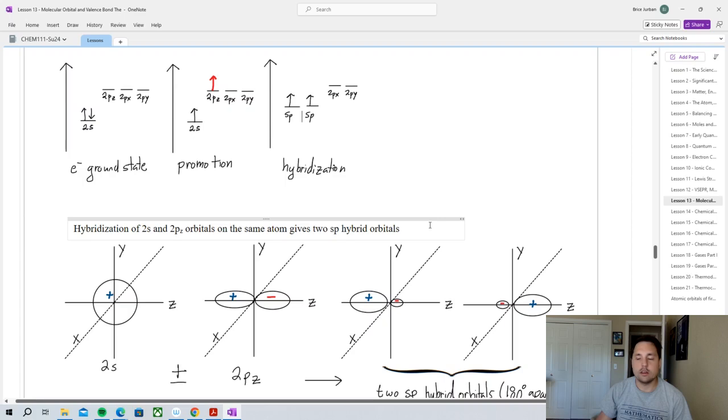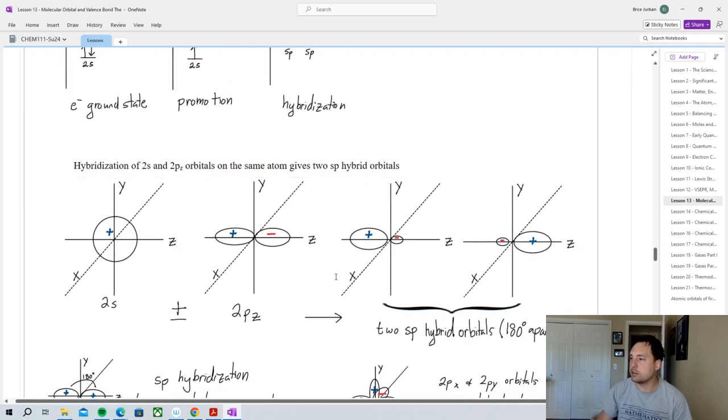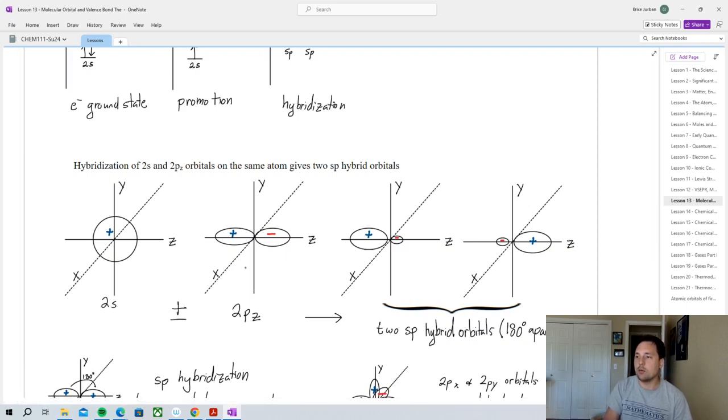How does this look when we hybridize? Well, I have a depiction here. The 2s atomic orbital of beryllium will combine with the 2pz atomic orbital in 2 different ways. It can combine with a positive phase on the left, or we can flip that orientation.